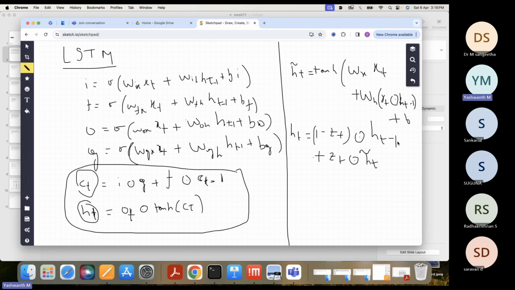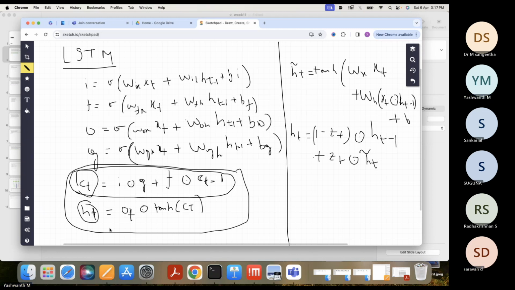So having this cell state helps deal with the vanishing gradient problem. That's a very high level explanation.